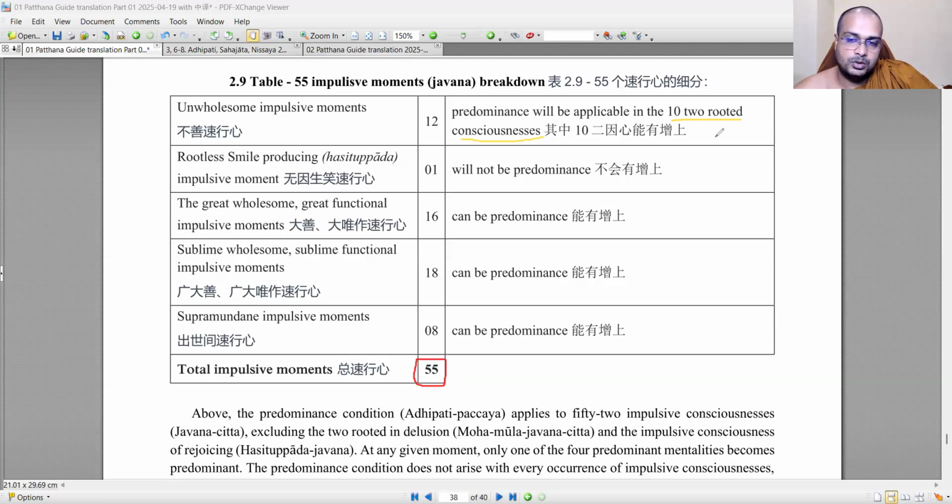So with the support of the roots and the root condition, these consciousness are quite strong, rather than the consciousness rooted in delusion. And regarding the hasituppada, the rootless mind-producing consciousness, again, it's a rootless consciousness, right? It arises for the arahants when they smile, but still it does not have much force. Because of that, it will not be a predominance. So altogether, from these 55, 3 consciousness are removed here.